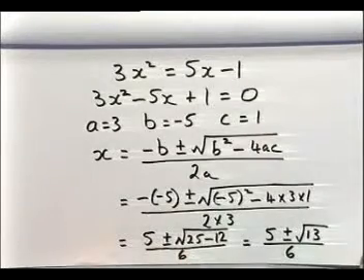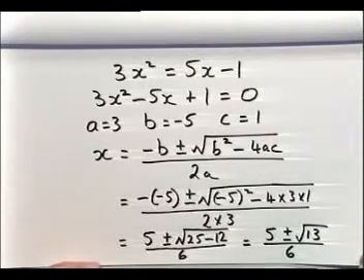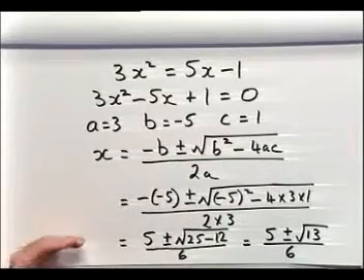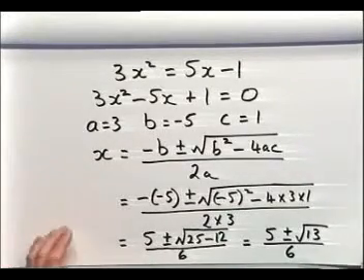Now, basically, if a quadratic factorizes, then you should solve it by using factorization, because it's clearly much quicker than this. Don't use completing the square unless you're specifically asked to, and use this method, the formula, for those that do not factorize.